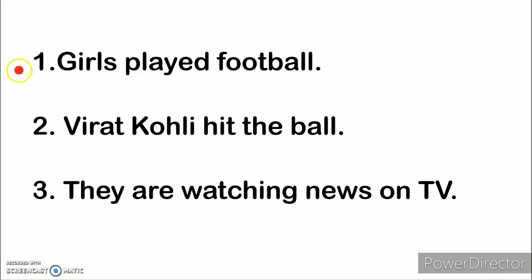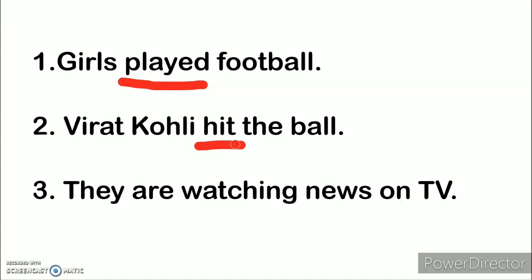So in sentence 1, girls played football. What action is happening here? The action of playing is happening here. Therefore, the word played is the verb here. Look at example 2. Virat Kohli hit the ball. So, the action of hitting the ball is the verb.